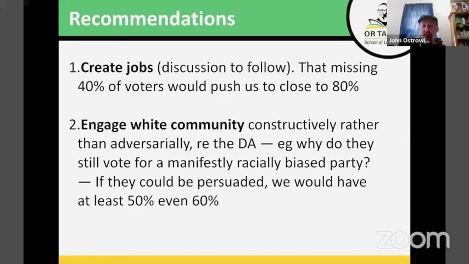The second thing we need to do is understand the racial bias in voting. We've seen some Black people vote for ANC and DA, and we've seen a large proportion of the colored population voting DA. We need to understand that. Why do certain groups and people who are mostly affluent vote DA?